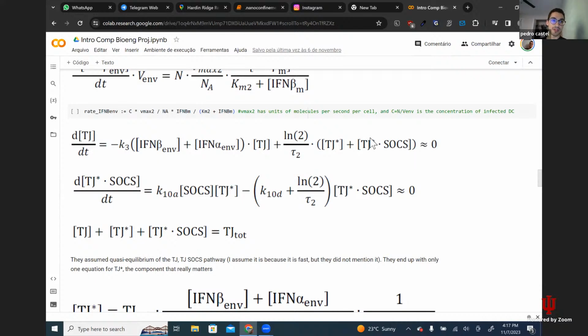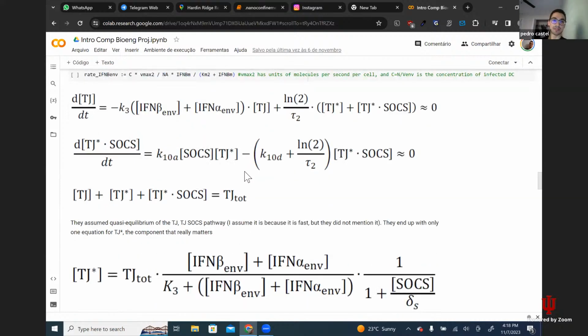If they are much faster, they reach the steady state much faster. So d by dt of each of these molecules is 0. If you do this, you can actually derive the algebraic relation between the components and just use it as the value of the component you are interested in.